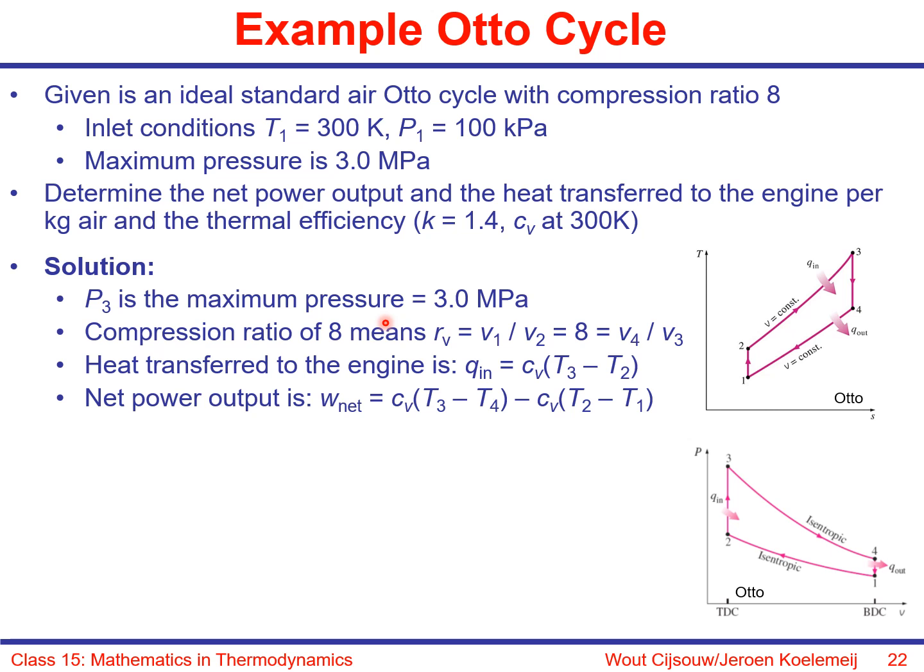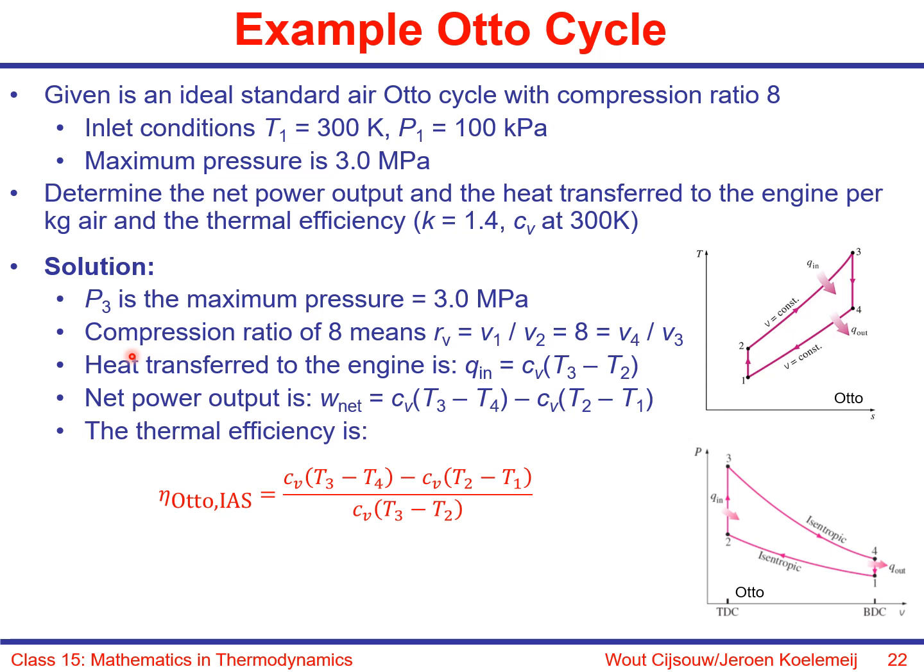Well, on the previous slides, we have seen how we can derive the net output power, or the work delivered by the engine. And we could express that as these two terms here. You may want to scroll back to find out how that went.